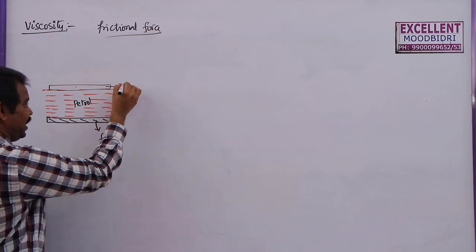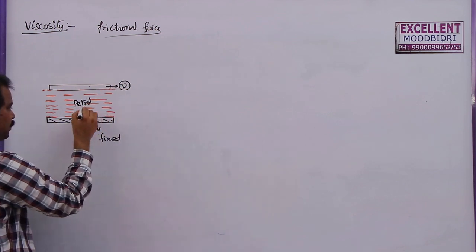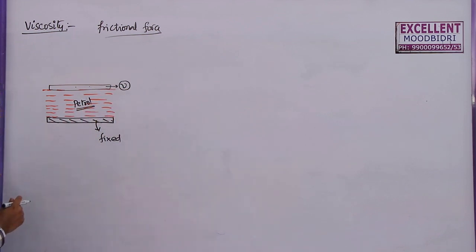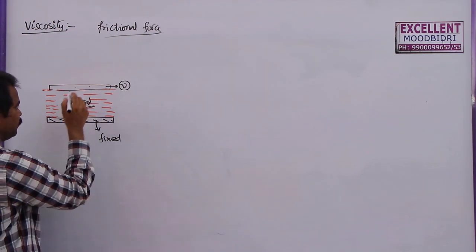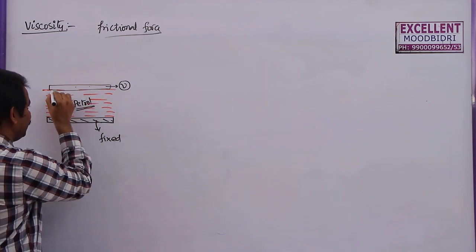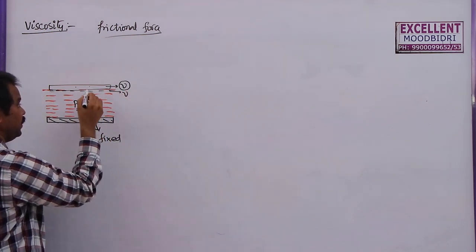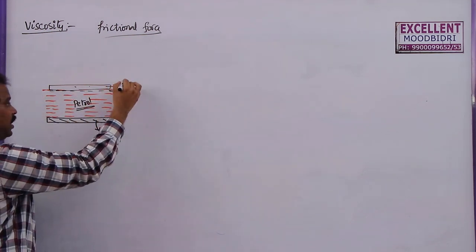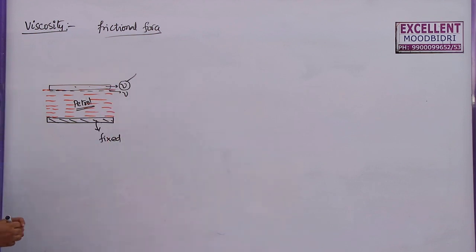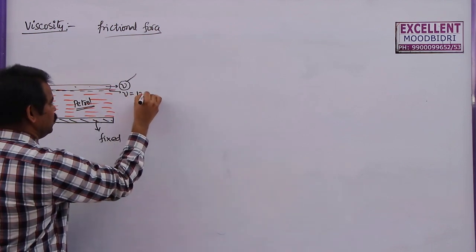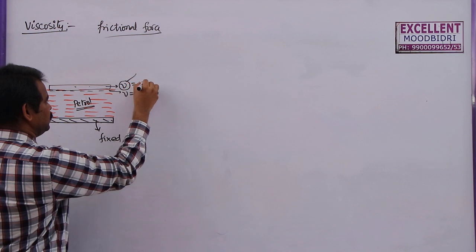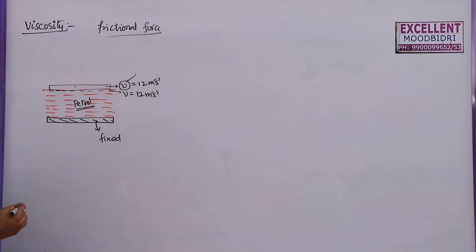Now, the velocity of this one depends upon the nature of the liquid in contact with it. If the upper layer of this liquid is moving with the velocity v, then this glass plate also moves with the same velocity. Let us say this velocity is equal to 12 meter per second, then this will also move with 12 meter per second.